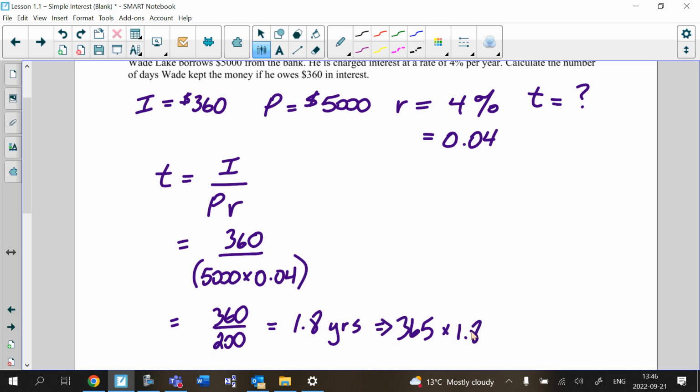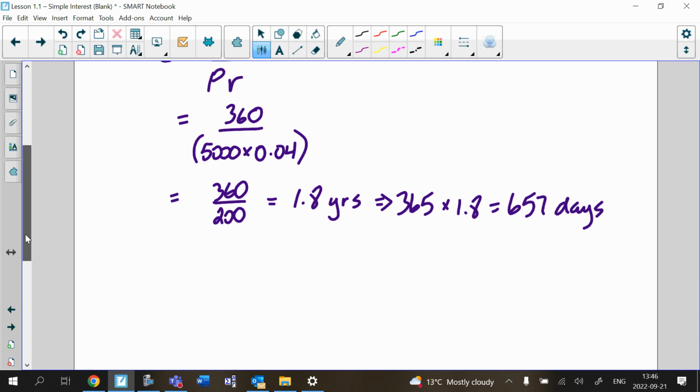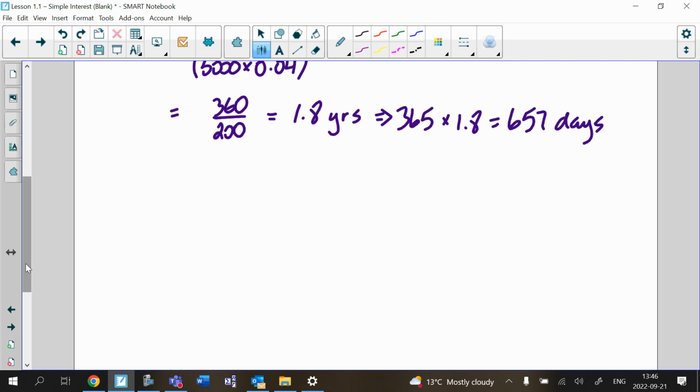Okay, just to add this, to convert from percent to decimal, move the decimal point back 2 spaces, or 2 place values.